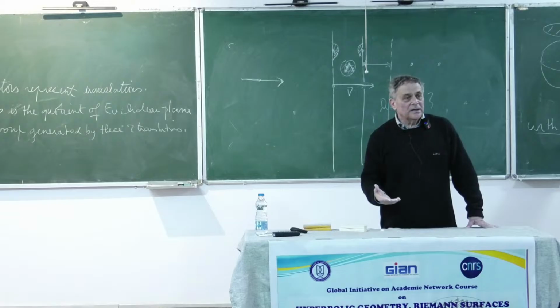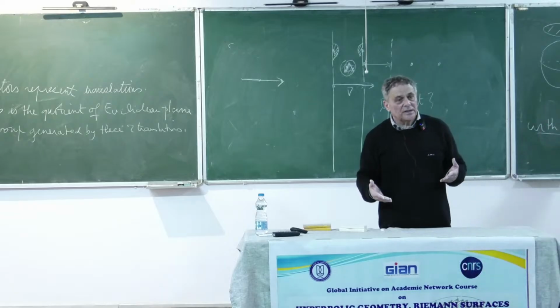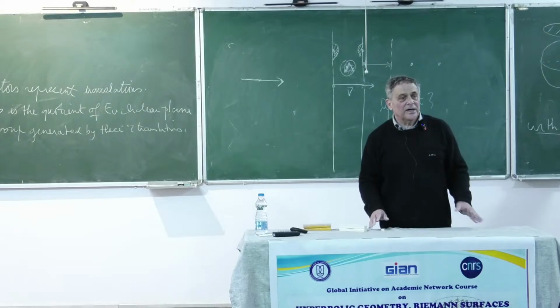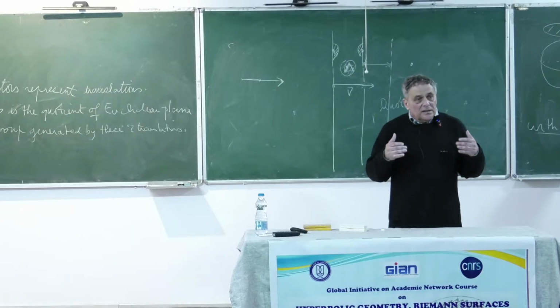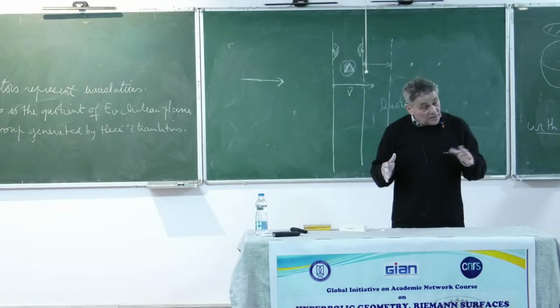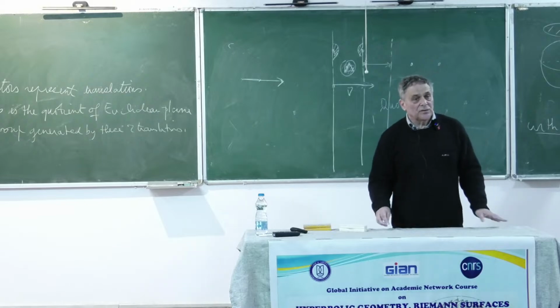How do I know that the two cylinders are not the same, that there's no isometry from the first cylinder to the second? Again, because the Teichmüller space is the space of different hyperbolic, here Euclidean, structures. How do I know that I get different Euclidean structures?